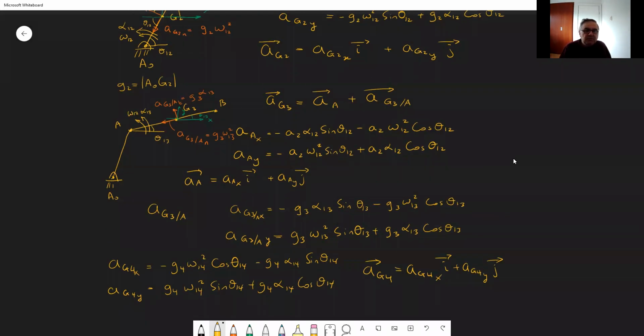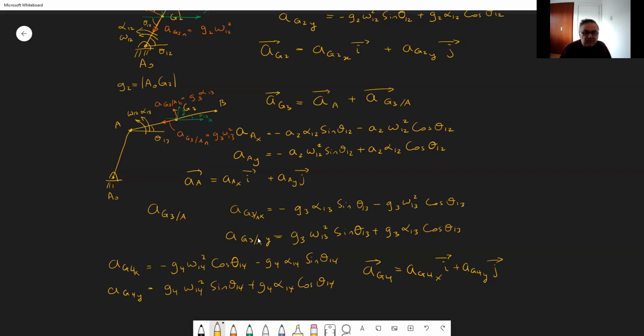So we found the acceleration of G3, okay, it's here, G3 relative to A, X and Y are here.